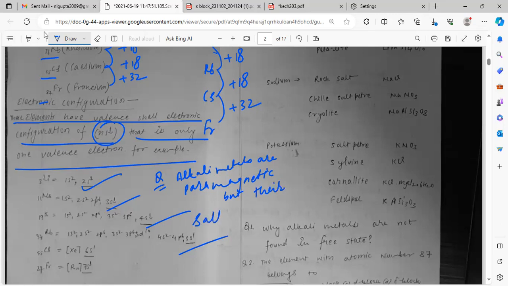Why are their salts diamagnetic? This is the question. What will be the answer, Sanoy? Sir, paramagnetic because they are group one, with one electron in the state. Okay, so they have one free electron.